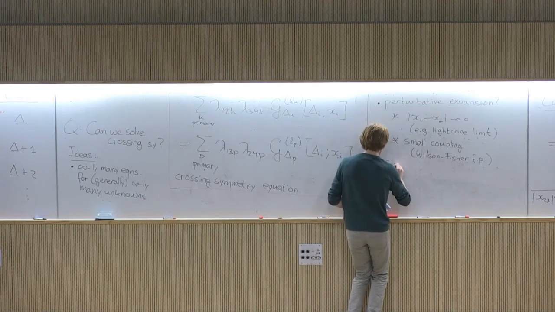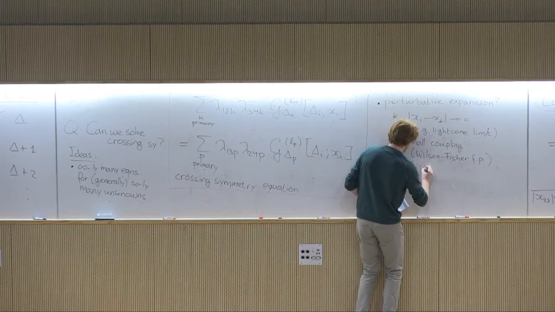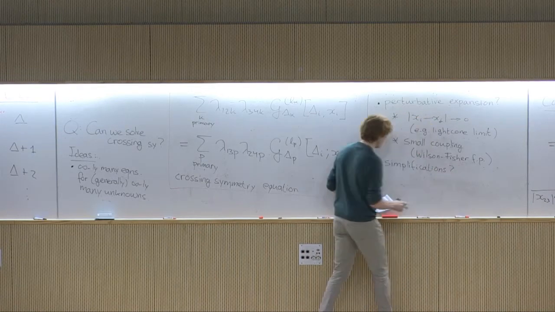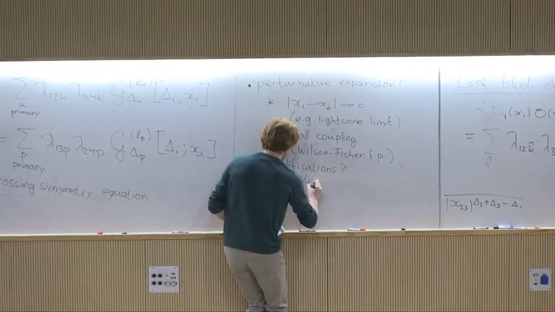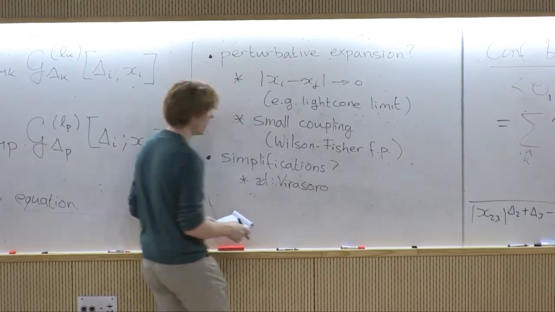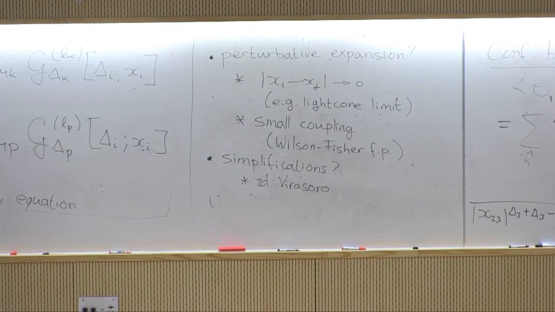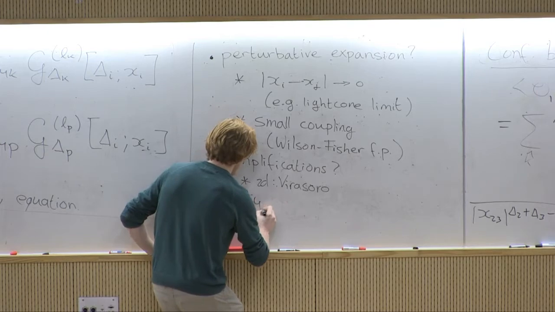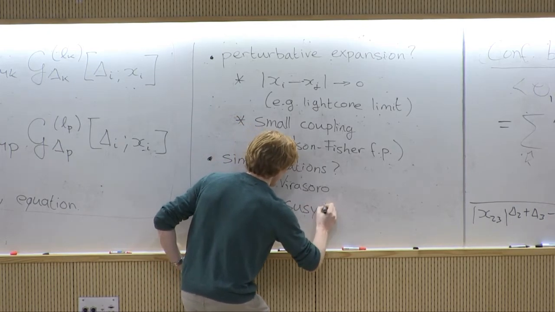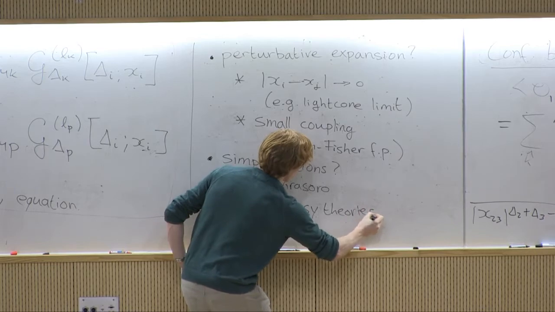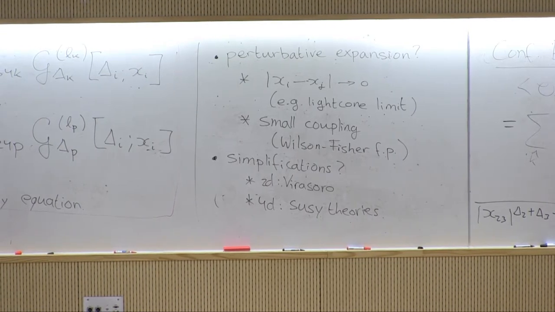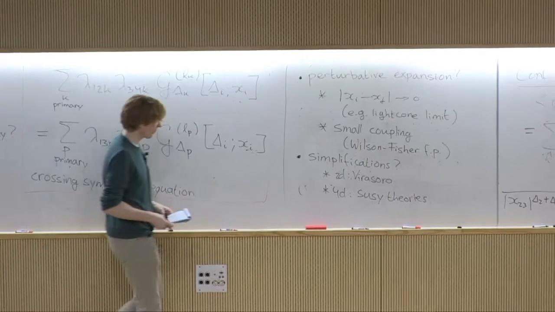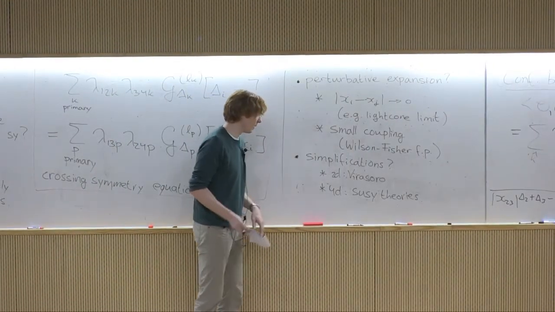You can also ask, are there simplifications in special theories? The answer is basically that this only happens if you have enhanced symmetry. In 2 dimensions, it happens with Virasoro symmetry, where you have finitely many blocks. And in 4D, it happens in supersymmetric theories. In certain supersymmetric cases, you also have some simplifications of this system, where you can say something using techniques that I won't have time to discuss.